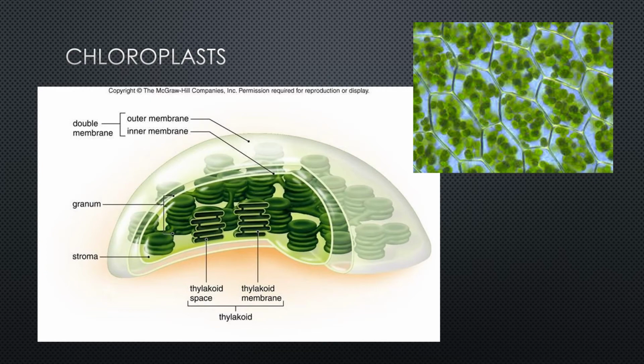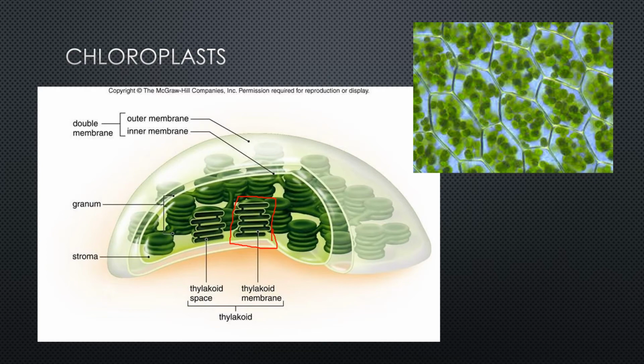So looking at the chloroplast itself, it has a double membrane. Remember we talked about how chloroplasts and mitochondria both have double membranes. And within the chloroplast, you'll see these stacks of what we call thylakoids. And the stacks themselves are called grana, or granum singular, grana plural.